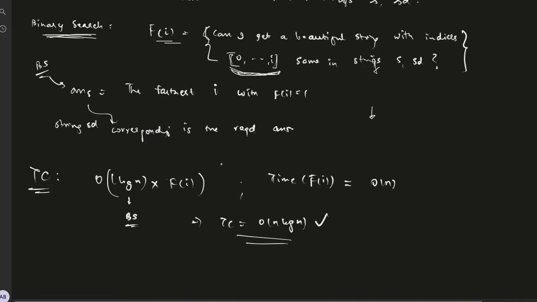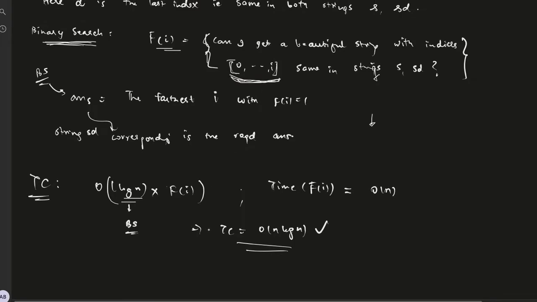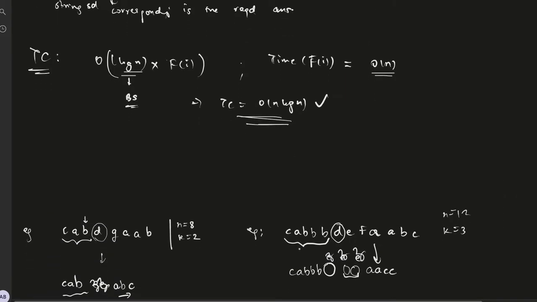The time complexity would be order of log n times the time complexity of f of I. It is log n because of binary search, and the time complexity of f of I, as we'll see, is order of n. So the overall complexity is order of n log n.